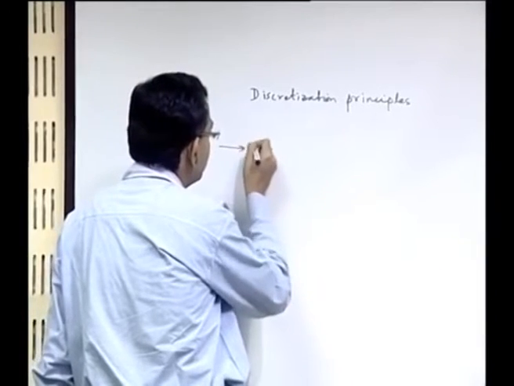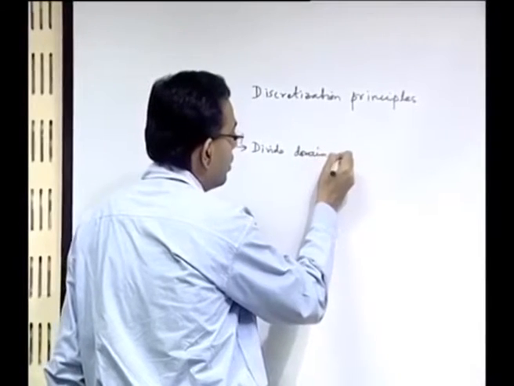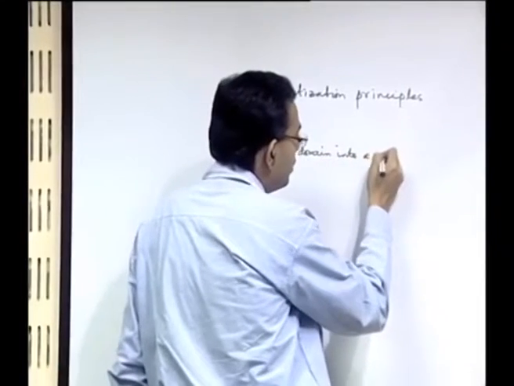So, the first one was divide the domain into a number of discrete subdomains.